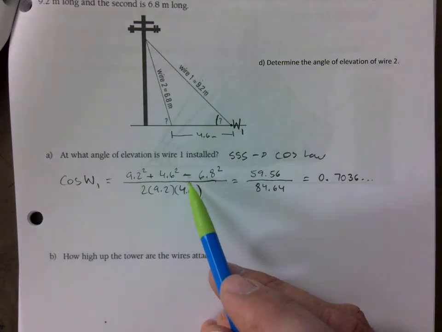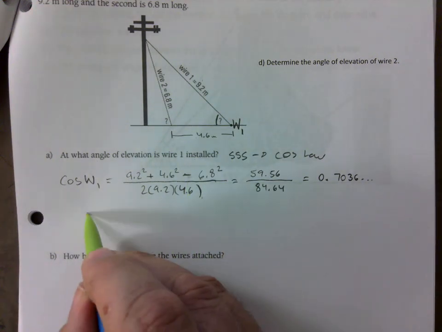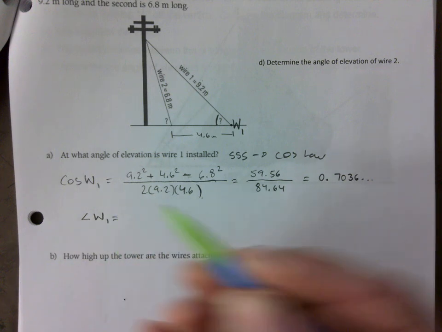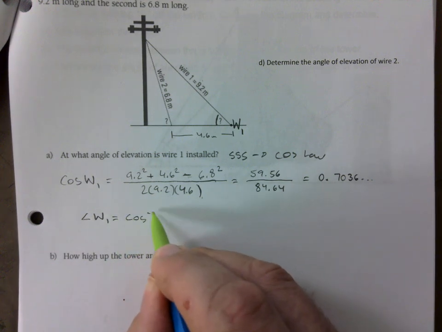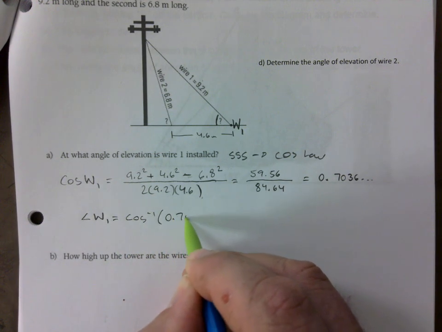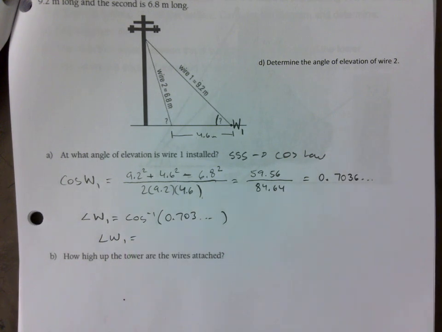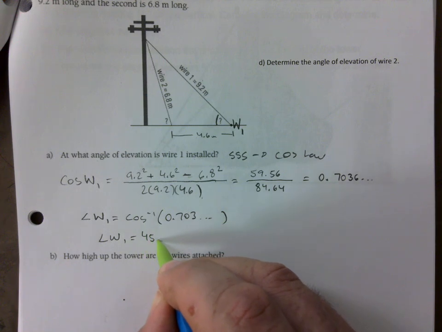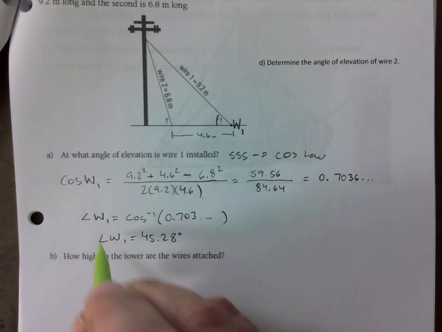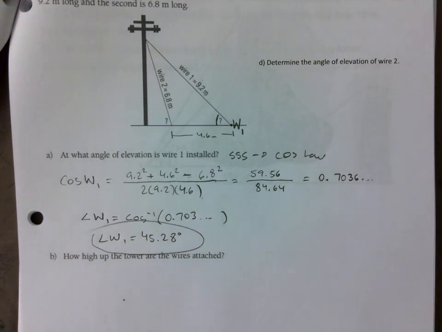Something went wrong, okay? So angle W1 is cosine inverse of that, and that first angle is 45.28. And there you have it.